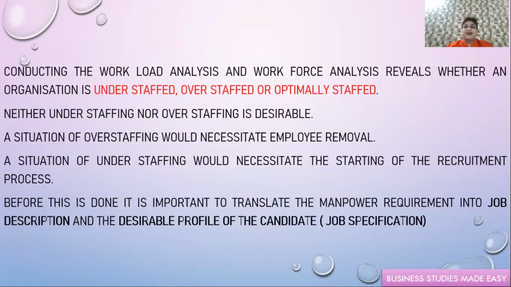Now, whenever you have to start a staffing process, you also need job description and job specification. First of all, you need to describe the job to the person who is taking up the job. What are the duties and the responsibilities that go with the job, and what qualification are you looking for in a person to be able to do the job? All this comes under manpower planning, and job description we'll be doing later on again also.